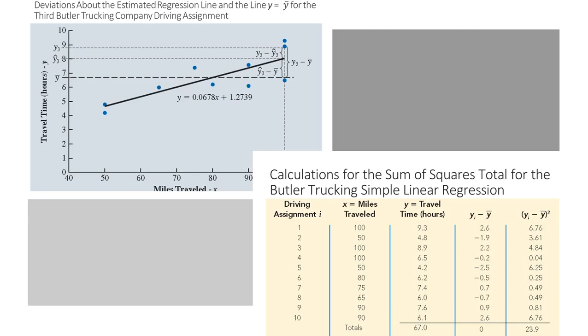We also see the line corresponding to y bar equals 6.7 as a dashed horizontal line. Note that the points tend to cluster more closely around our estimated regression line than they do about our horizontal line, which is the average of all of our y values.